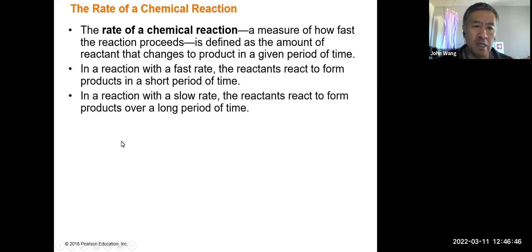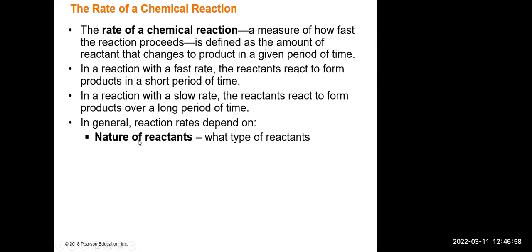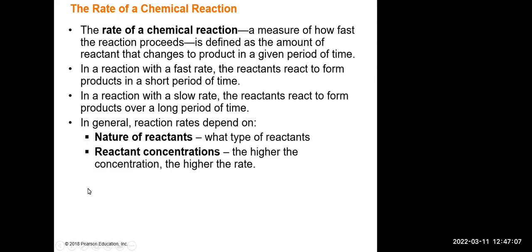And in a reaction with a slow rate, the reactants react to form product over a longer period of time. In general, reaction rate depends on the nature of the reactant, which means what type of reactants we have.